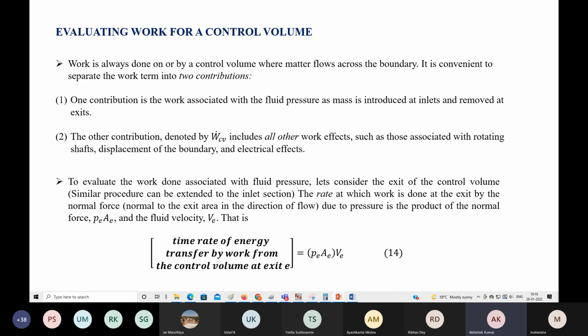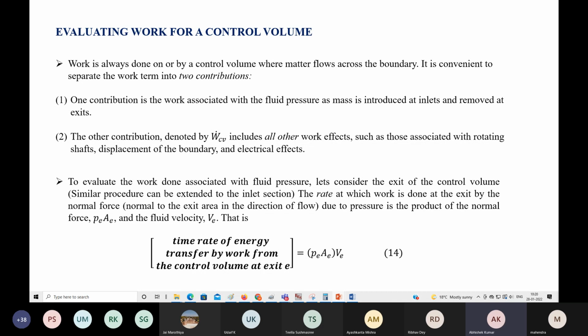Along with that, there is certain work also. Work has two contributions. Some work is shaft work, or otherwise mechanical work we can call it. The other work is the work developed or induced by fluid force, that is, high pressure gas or high pressure fluid simply impinging upon certain things.